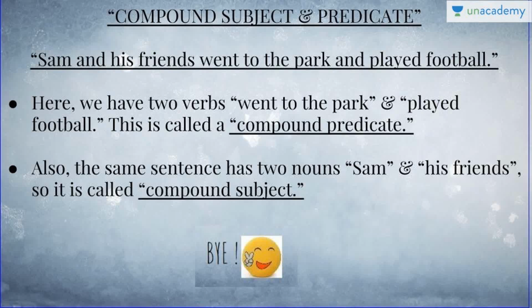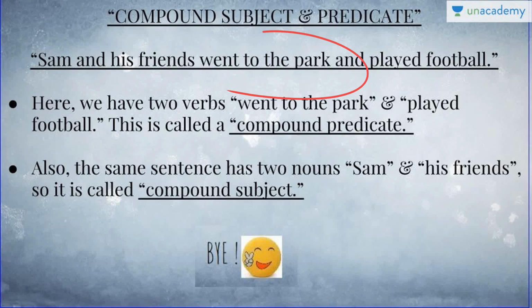Now, the last topic about this is compound subject and predicate. We discussed simple examples. All such sentences have a simple subject and simple predicate. We have some sentences in which we use more than one noun and more than one verb, right? So here we have two verbs. Sam and his friends went to the park and played football.